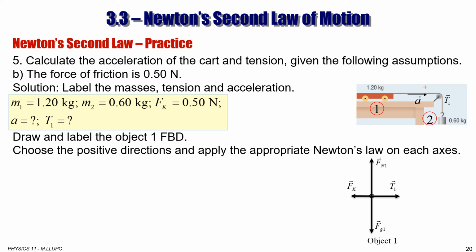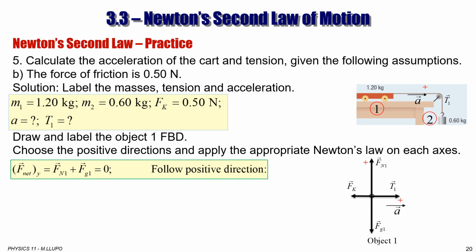We choose a positive direction, which is the direction of the motion, and for the y-axis, which is not moving, there's no motion on the y-axis, we keep it simple, traditional, positive up. And for the x-axis, the direction of the motion is the direction of the acceleration, which is going to be the positive direction.